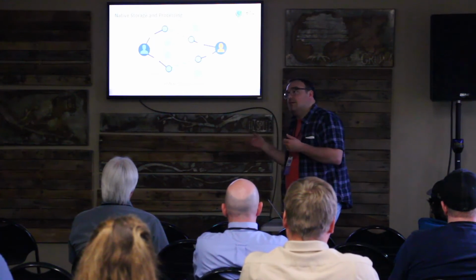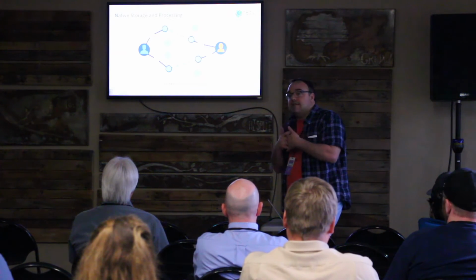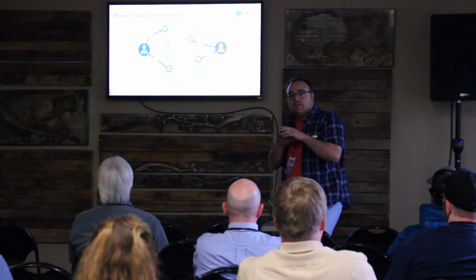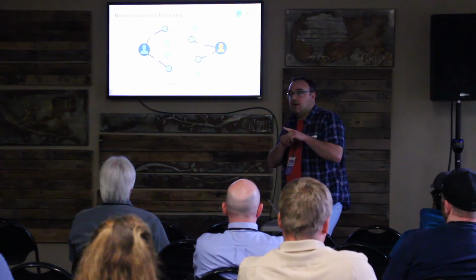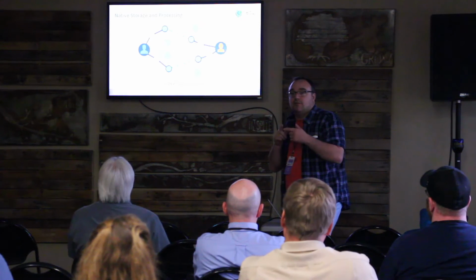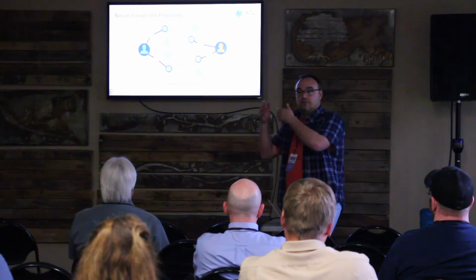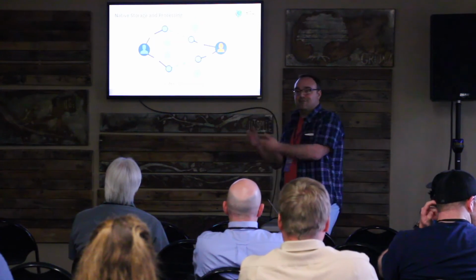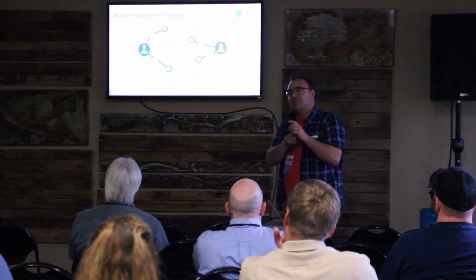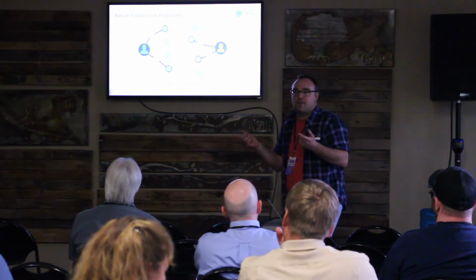Neo4j doesn't need to do that because the on-disk storage structure of the data means that they're just pointers, right? So on disk, these are just pointers. So you don't need to do index lookups. You just have a pointer to the next node.